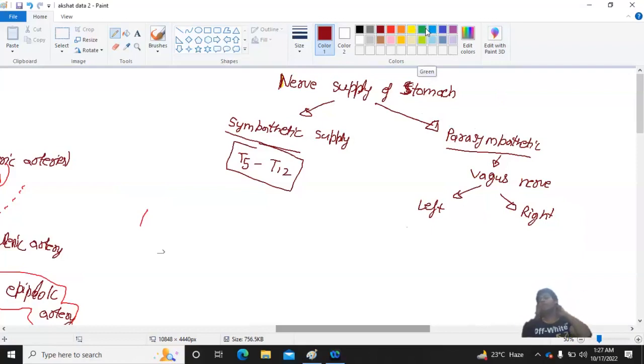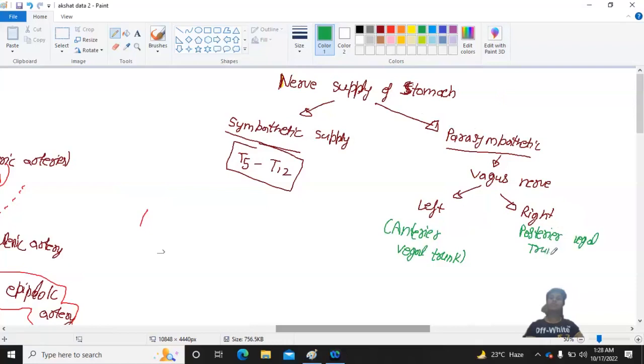Now it turns and the left comes in front and the right goes behind. So in the stomach region, basically the abdomen, this is the anterior vagal trunk and this is the posterior vagal trunk.